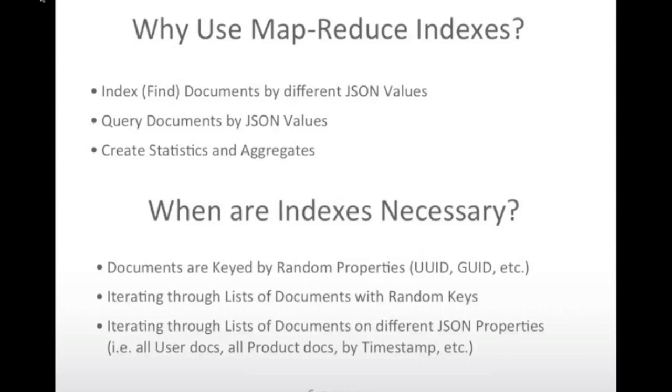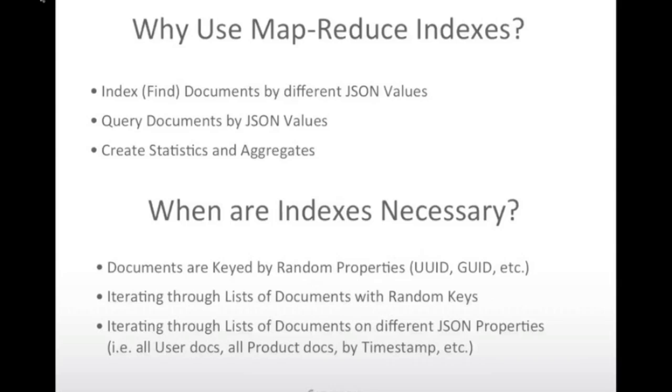So you create a map function that looks for user documents, and if they've entered their zip code, you emit the zip code as the key, the first part. We're going to go through the anatomy of a map function next.